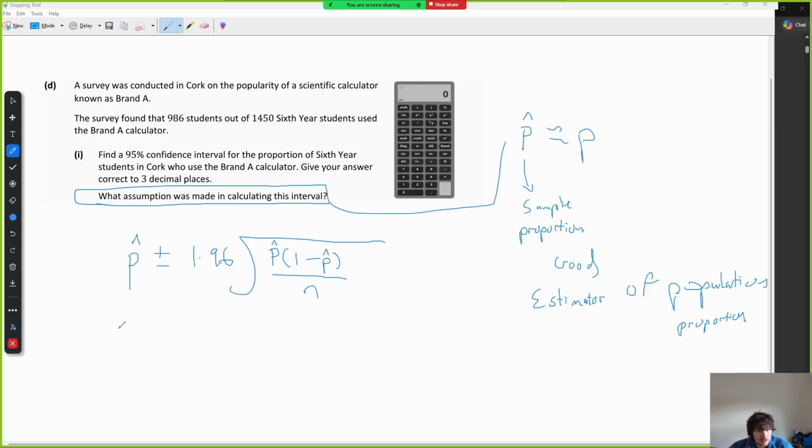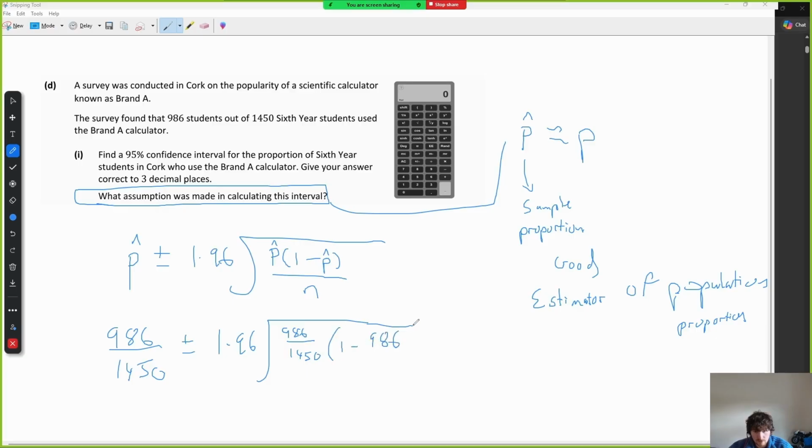So you can just sub it in like this for the examiner, 14 over 50, rather than using a calculator. You can just use a calculator once, unless they explicitly get you in a part before this to work out p hat on its own. Sometimes they do that. 86 over 150, so there's nothing wrong with this.